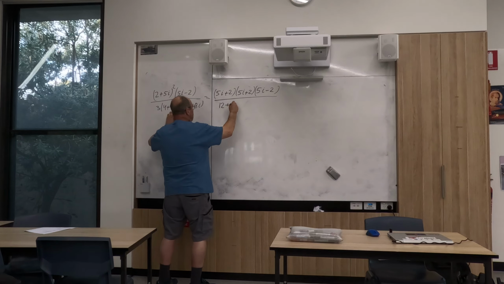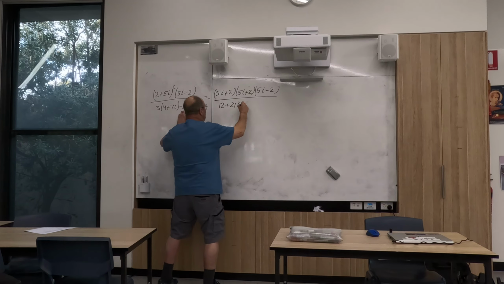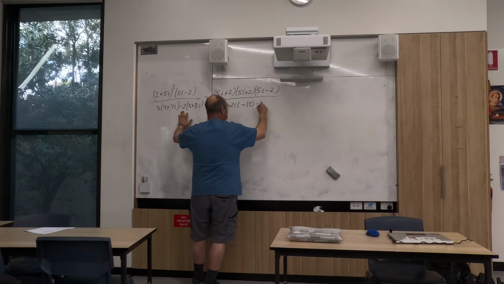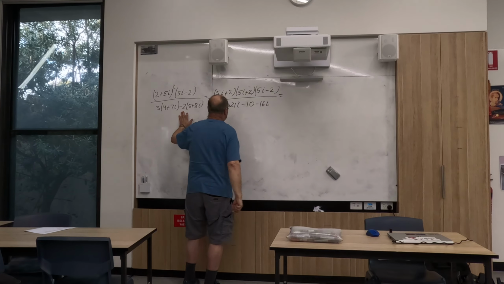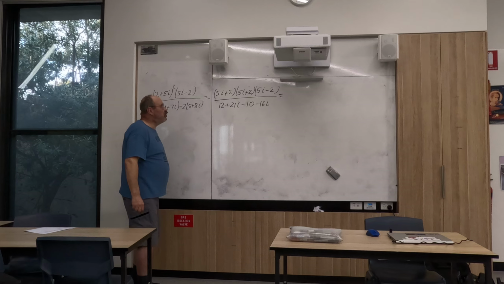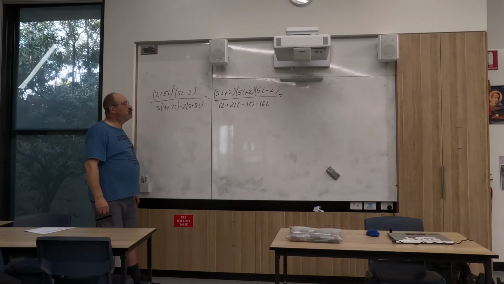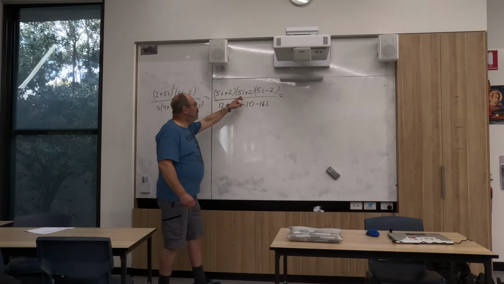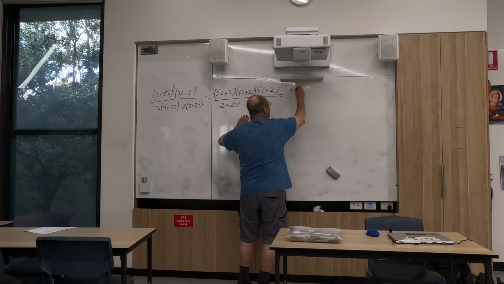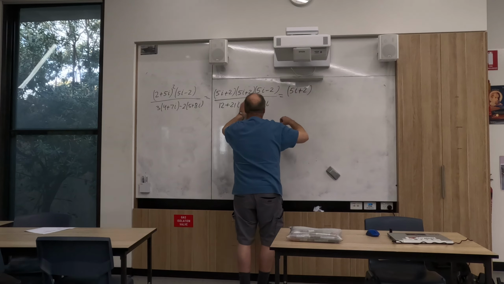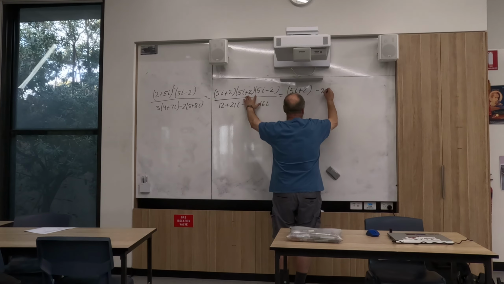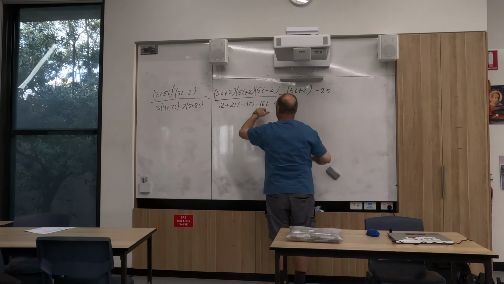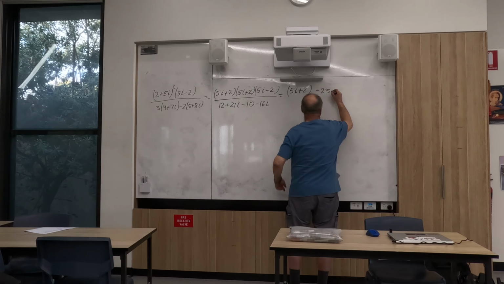In the denominator, 12 plus 21i minus 10 minus 16i. In the numerator, (5i plus 2) times (5i minus 2) is 5i times 5i, which is negative 25 because i squared equals negative 1, so we have (5i plus 2) times negative 25 minus 4.